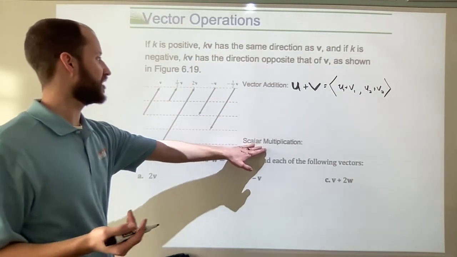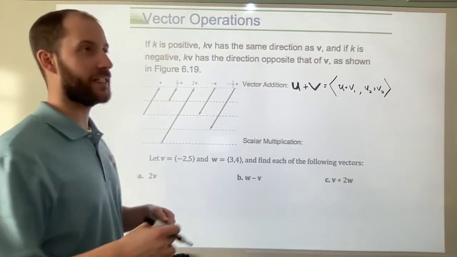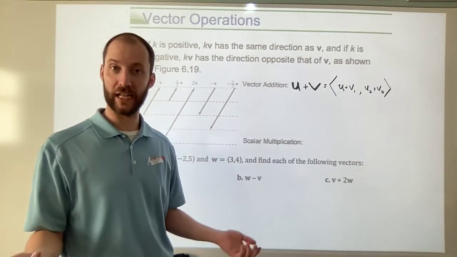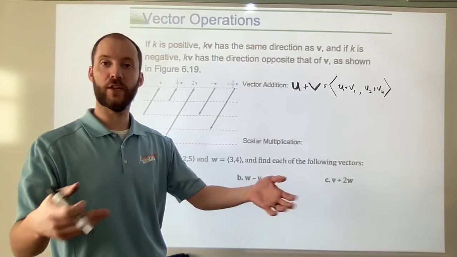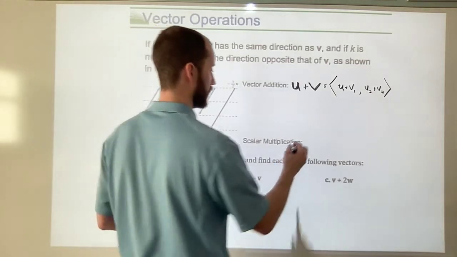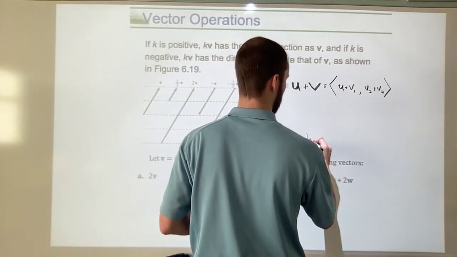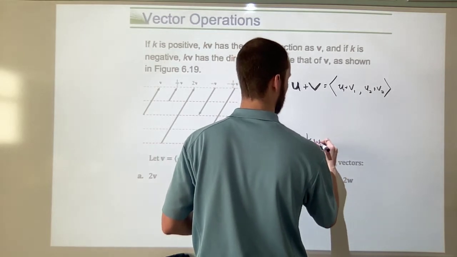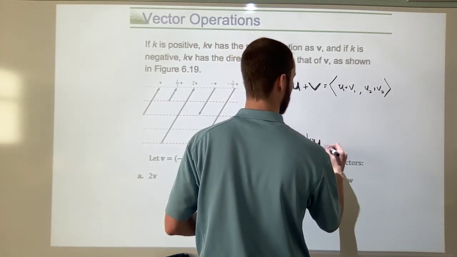Scalar multiplication: when the vector gets multiplied by some scalar to increase the force or decrease the force. So some scalar multiple k times u.